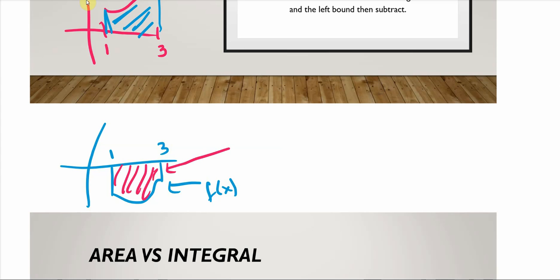However, when I integrate from 1 to 3 of f of x dx, since my function here is all negatives, what happens when I substitute a 3 and a 1? I'm plugging in x values, but I'm going to be getting negatives. So when I subtract negatives, I'm going to end up with a negative answer.